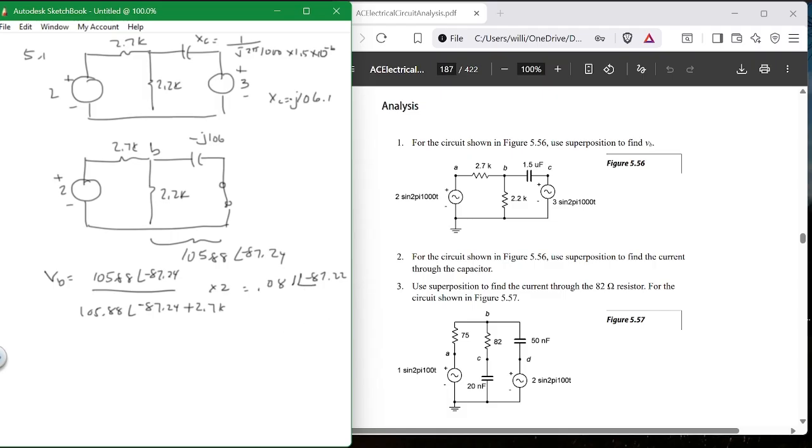Now, what is it from the right source? VB from the right source is equal to what? Write the equation. It's 3 times that, times the combination of these two. What is the combination of 2.7K in parallel with 2.2K?